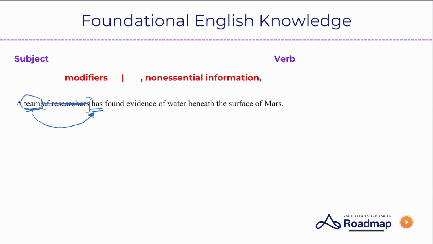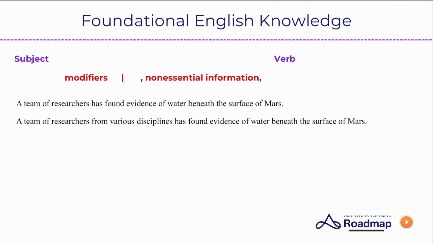What you might also see the SAT do is add prepositional phrases back to back consecutively like this. So now, you have a team of researchers is a prepositional phrase, and then we have another preposition, from various disciplines. And so this preposition from is paired with the noun disciplines. So we have back-to-back prepositional phrases: of researchers from various disciplines.